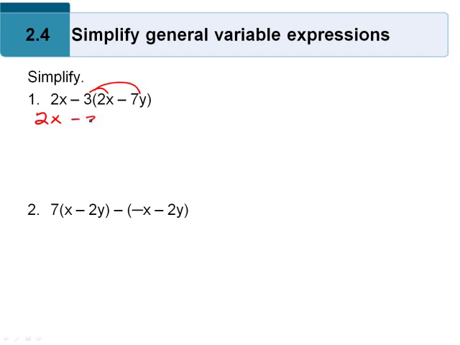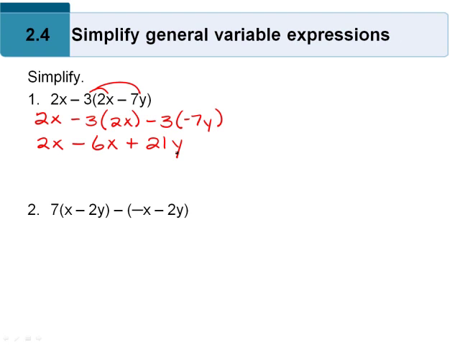I have negative 3 times 2x, and then still a negative 3 times negative 7y. So I bring down the 2x. Now negative 3 times 2x would be negative 6x. And a negative times a negative is going to be a positive. 3 times 7 would be 21y.